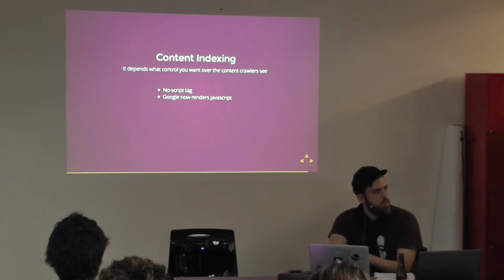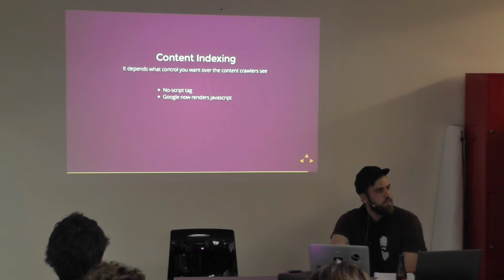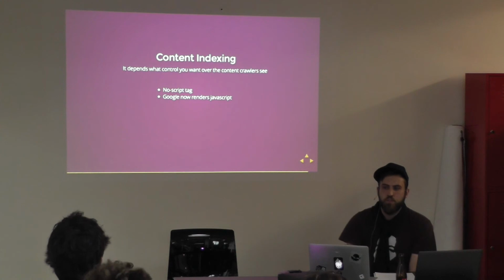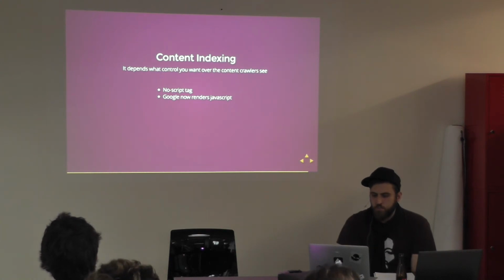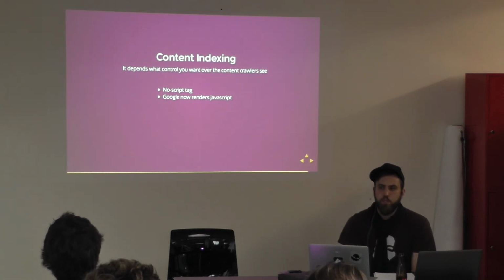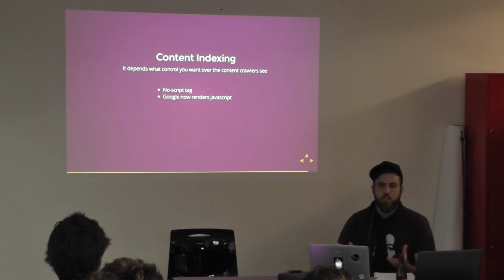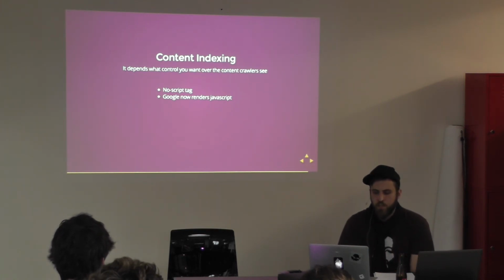Something else, okay, I will go fast then. Something else about content indexing. So that was one main problem about MVC apps, that Google could not read the JavaScript. So it basically had no sitemap, and it was just an Ember app, right?